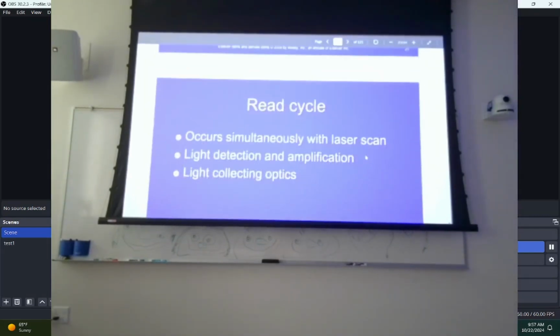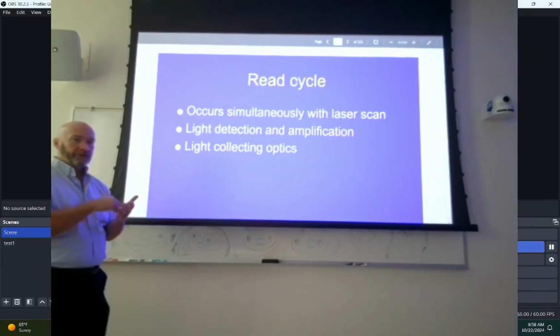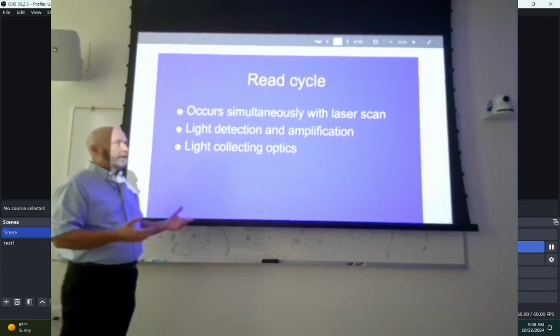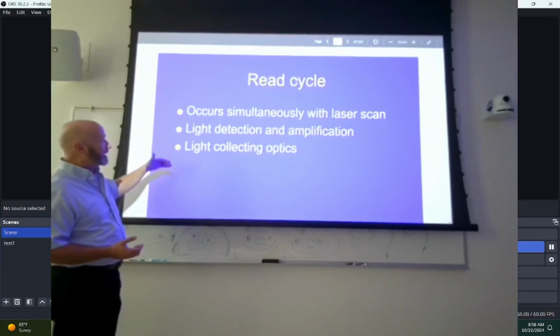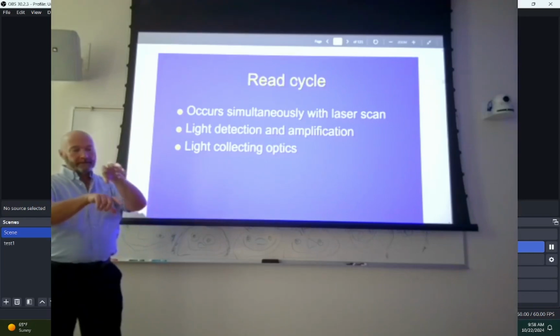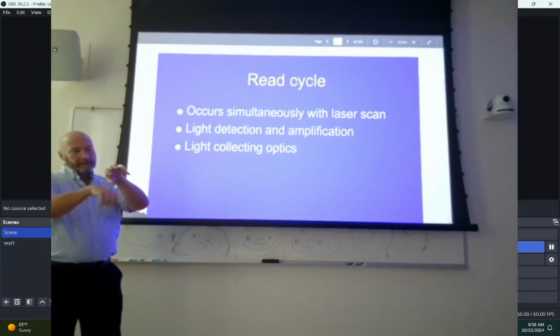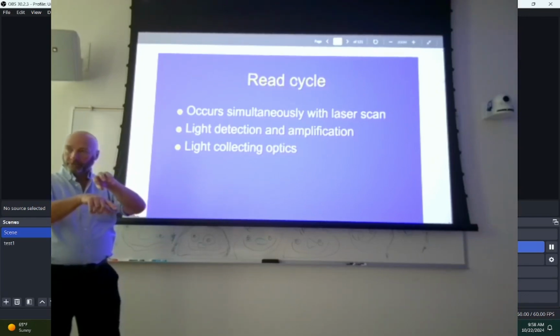Let's talk about the read cycle. What we have going on with the read cycle is two things. We've got stimulation of those phosphors releasing the light, but at the same time, we've got light detection. We've got this light detector with a photomultiplier tube, and we get the release of the light, but we've got to pick that light up too, right?